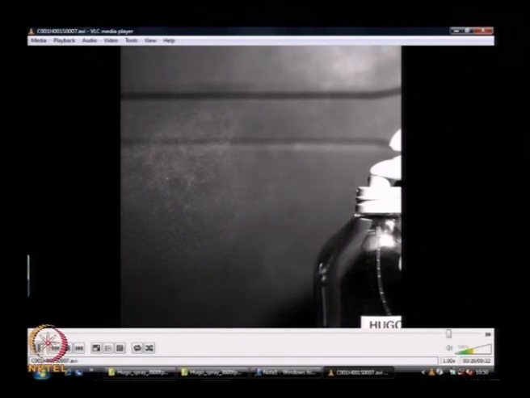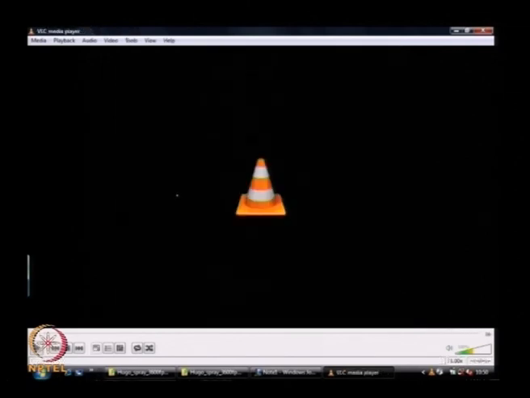So, I can now take this spray for example, and when I play it, you can see in here that the larger drops, for example, right in the middle here, are moving with a slightly higher velocity compared to the smaller drops at exactly the same or very nearly the same spatial location. So, at least as far as this spray is concerned, larger drops are moving with a higher velocity in comparison to the smaller drops.